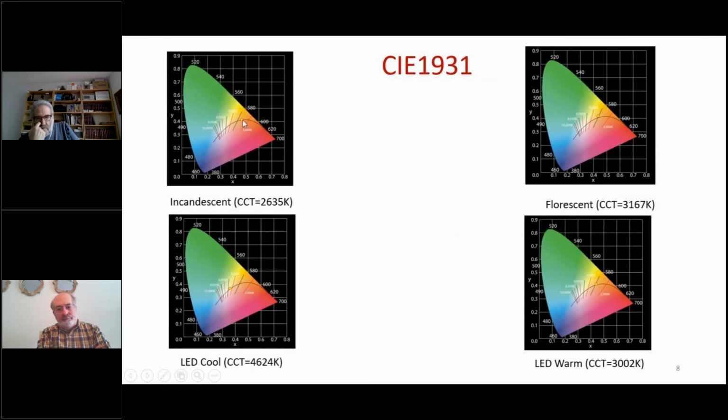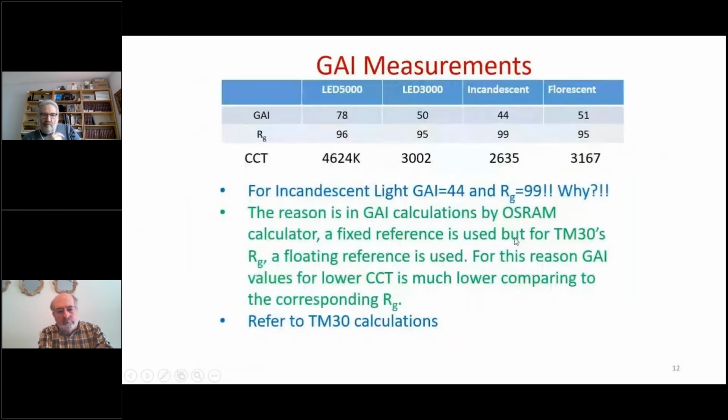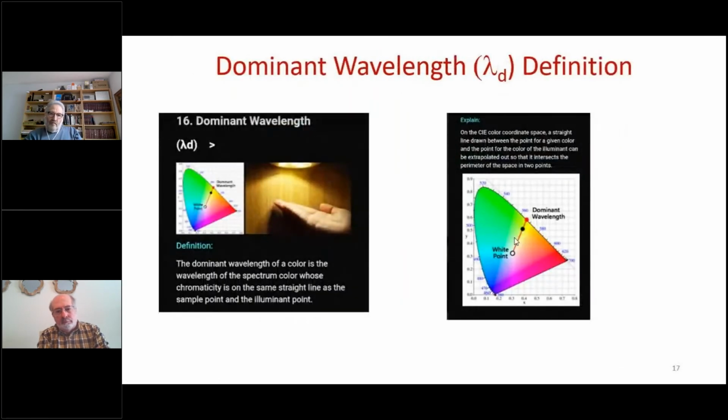If you join this point to the center of this cone, where the center is the white point, and then extend this line till it intersects the boundary, basically the boundary is where you have only single wavelengths. So here is about maybe 600. Then that wavelength would be your dominant wavelength. So this is how it is done.